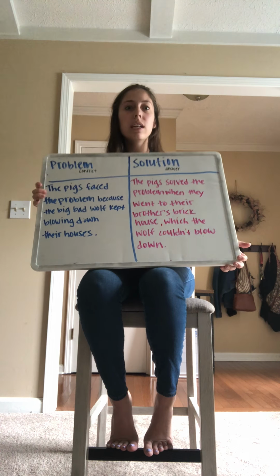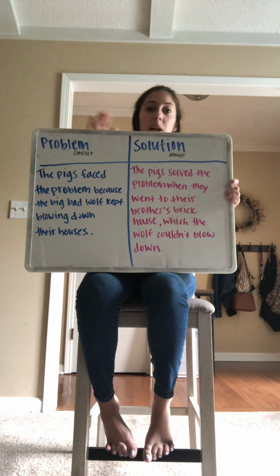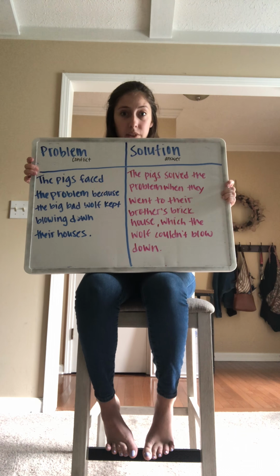So that means that, well, maybe our third brother knows how to solve this problem. So they go to the third pig's house, and he has made his house out of bricks. So the pigs realize that the solution to their problem is to go to their big brother's house, who has made his house out of sticks or bricks. And because it's made out of bricks, the big bad wolf can't blow it down.